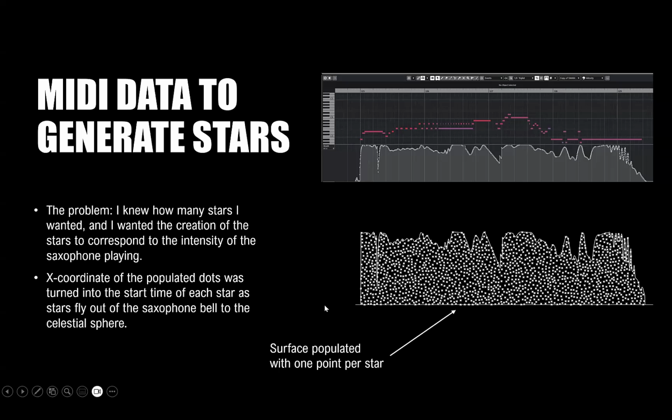And then basically when time is moving along the x-axis here, the x coordinate of all the points here corresponds to a time code when this certain star should appear. So in this way, I get more stars here when there's an intense note than here, for example, when it's a softer note. So once again, really fun to know that it corresponds.